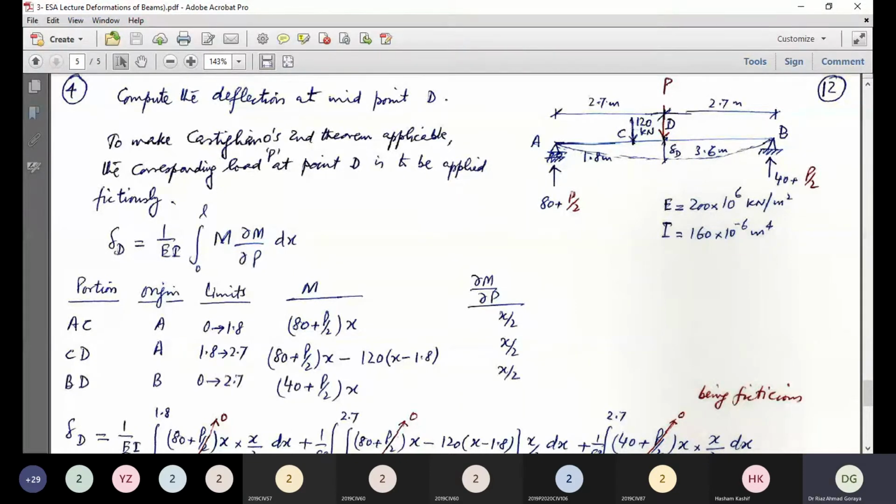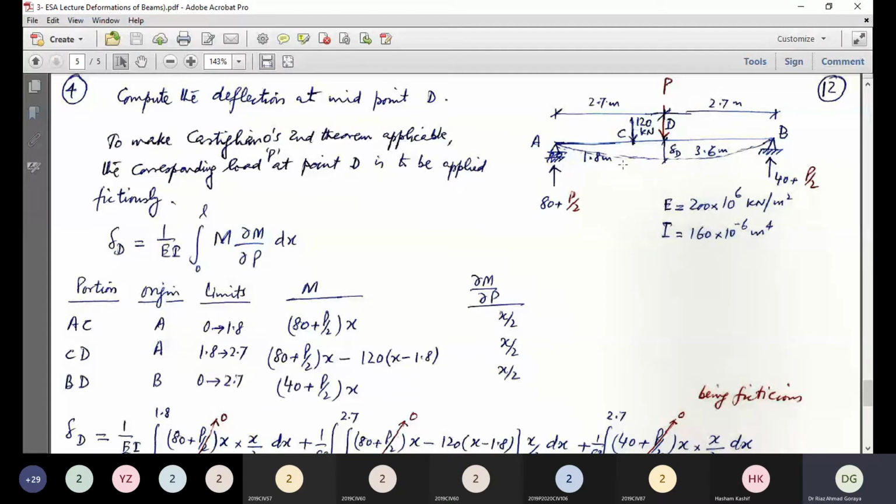But if you consider C as origin, then its limit will be 0 to 0.9. So x will be measured from point C. Usually it is more convenient to consider A as origin, but it is still your choice.